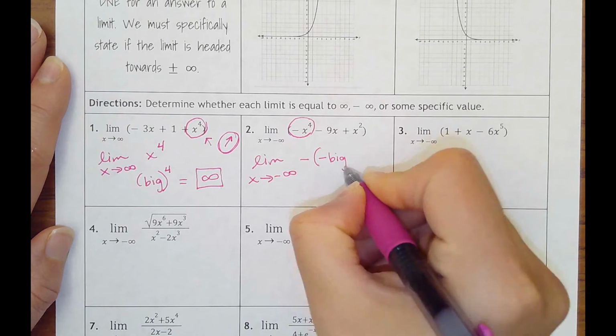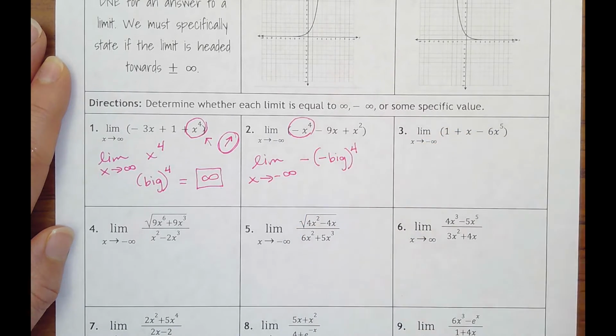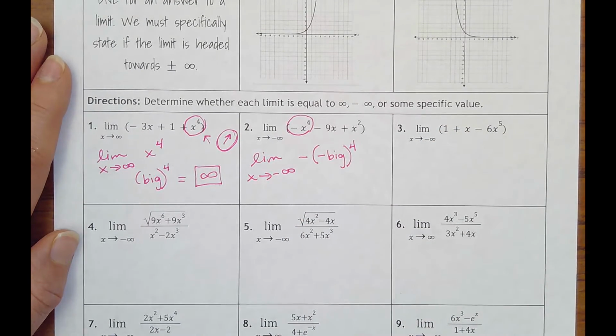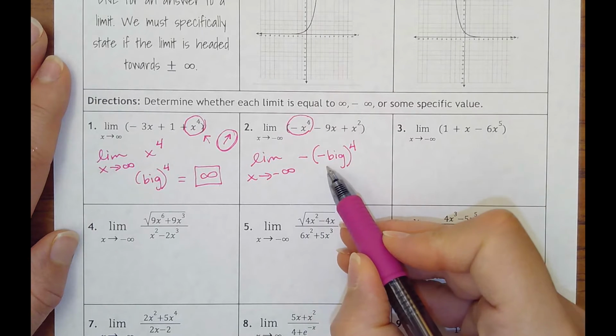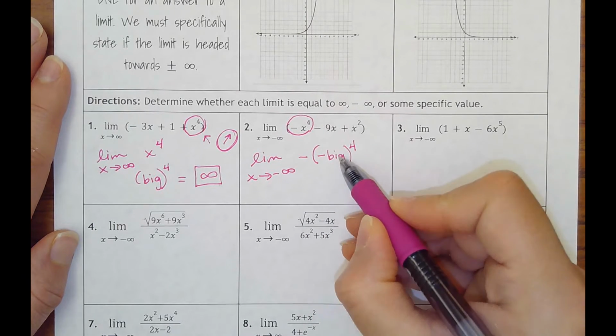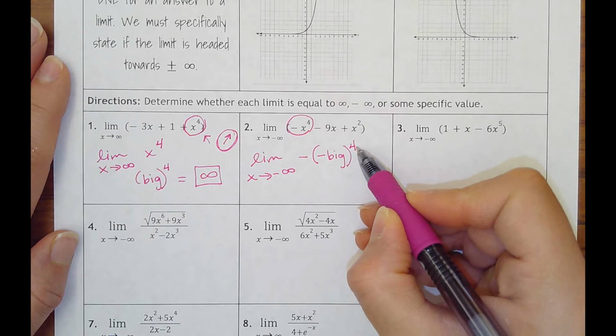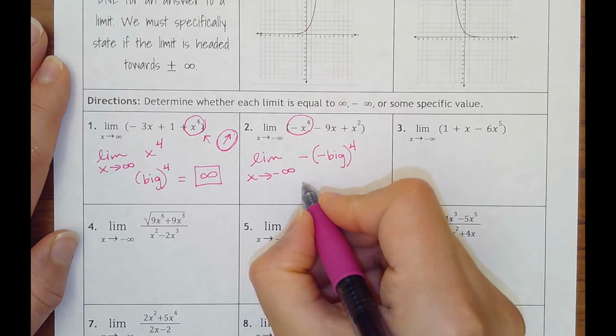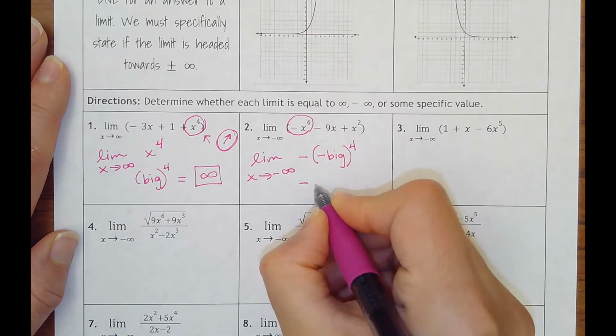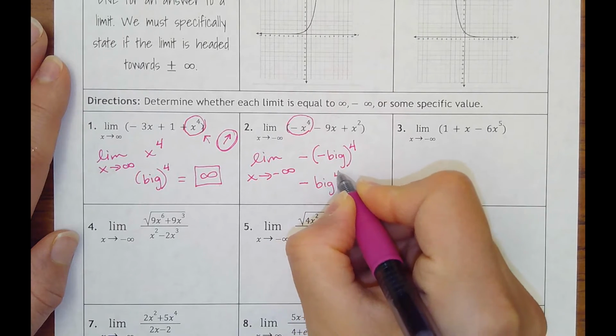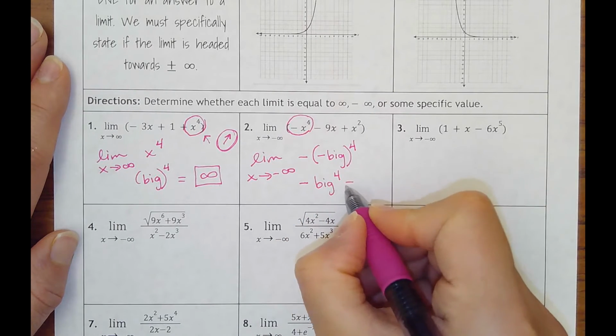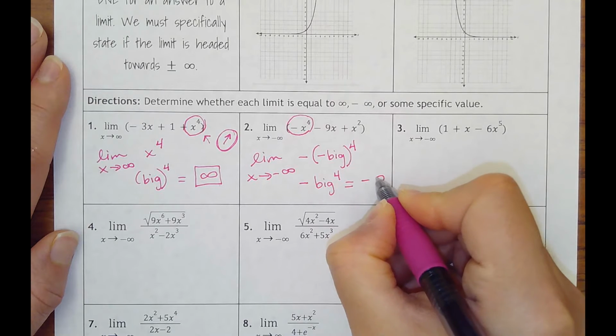So I know it's weird using words, but it does help your brain visualize this, and this is the way Delta Math will show their examples. All right, so a negative, really, really, really big number. If I take a negative number to the 4th power, what happens? It becomes positive. But it's still a big number to the 4th power. So that would result in an answer of negative infinity.